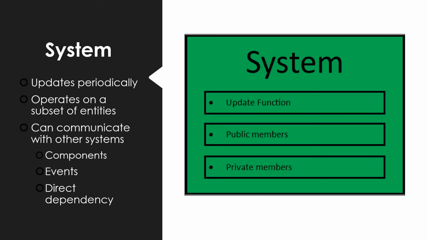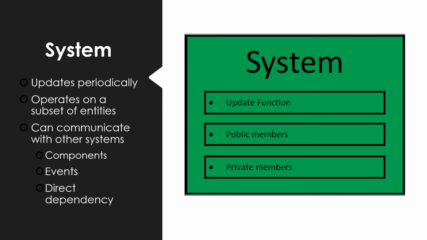The system only cares about a certain set of components primarily, and it typically implements an update function that gets called periodically, either 60 times a second or less or more. But that update function will operate on a subset of the entire set of entities in the world based on their signature and their location.